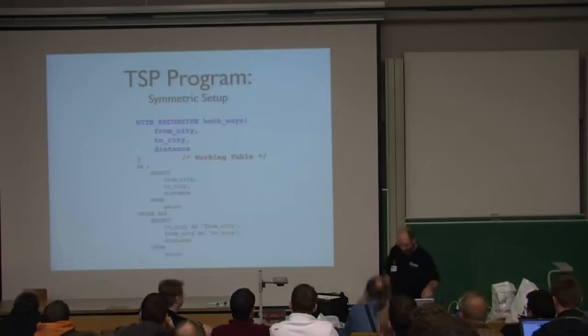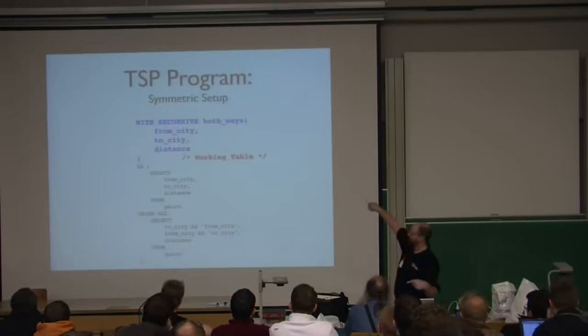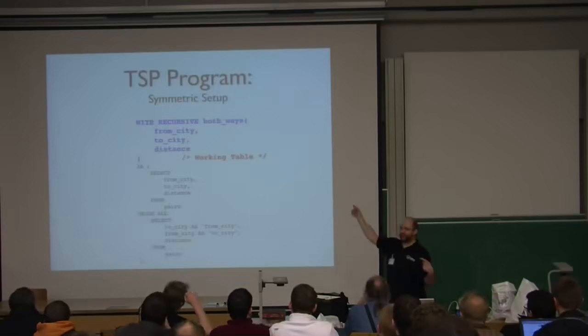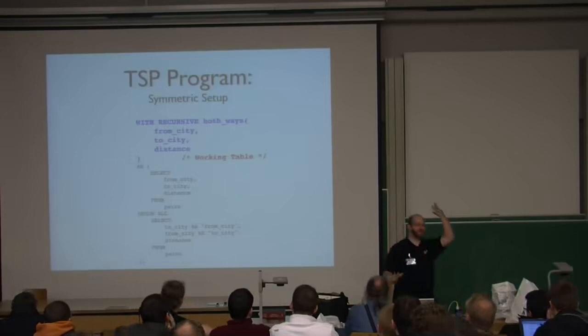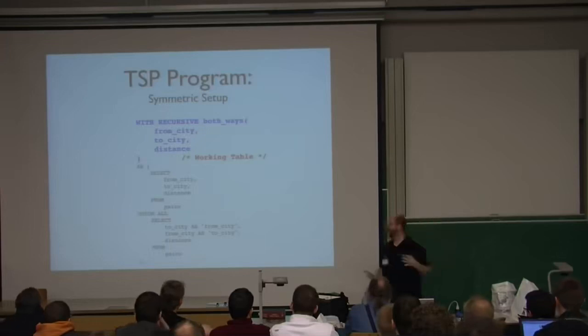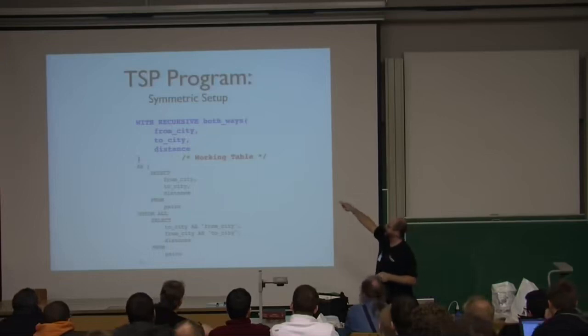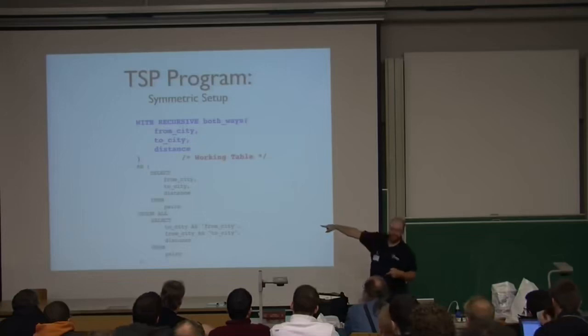Okay, so having made sure that we can't actually have the paths in both directions stored in our table, we now proceed to double the size of the table so that we get all the paths in all directions. So we say from city, to city, distance, with recursive, and there's a union all down there, but it's not actually a recursion.